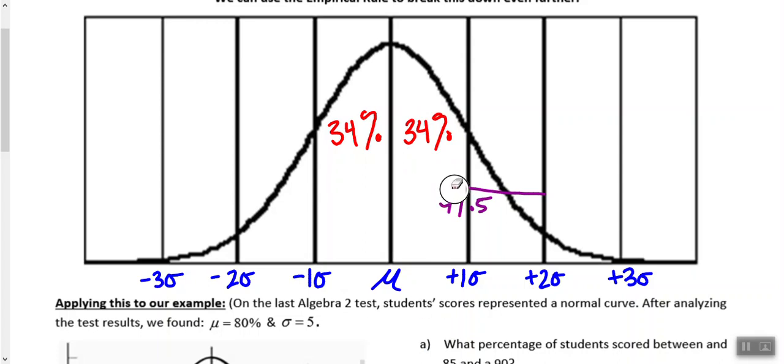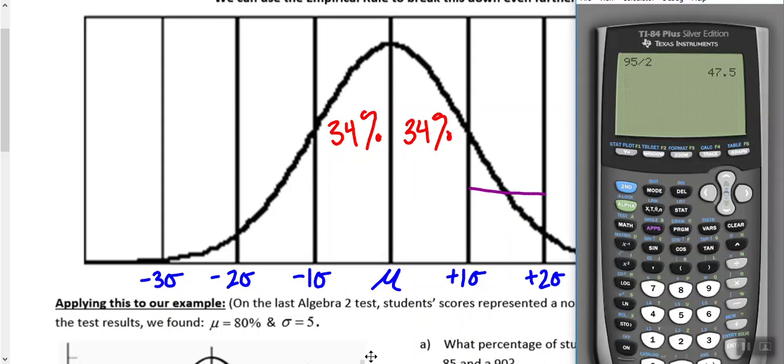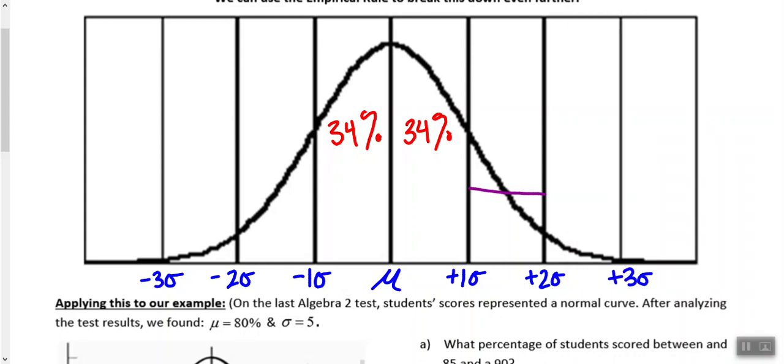So if I take 34% away, I get the number I want. So now we have 47.5, and I want to subtract 34, which will give me 13.5. So that means each section after the mean is worth 13.5%. And then we have the same on the other side, 13.5%.